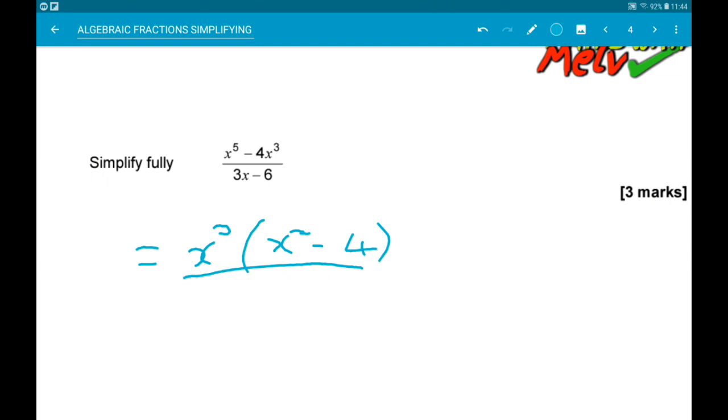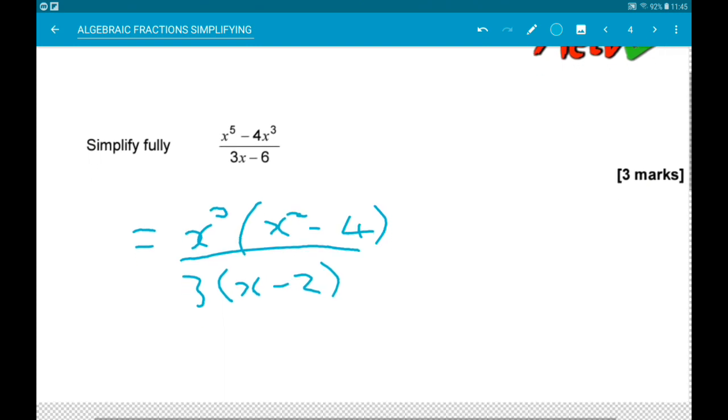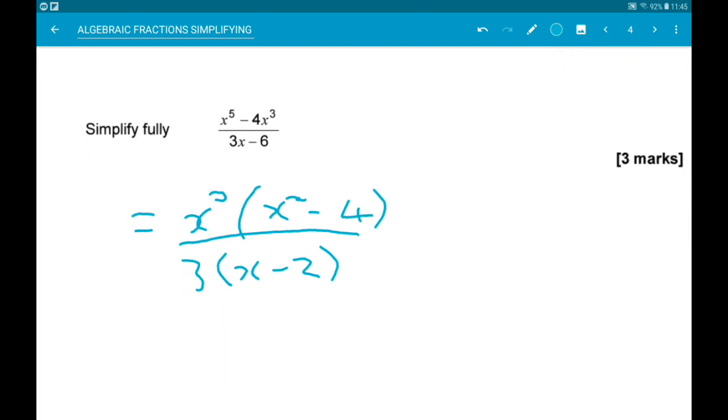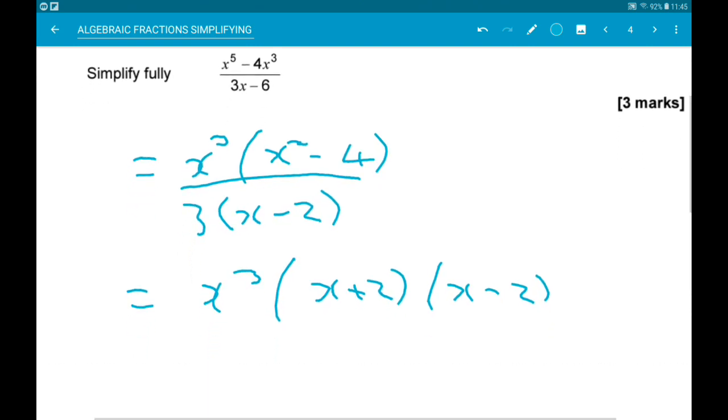So we can write that as 3 lots of x minus 2. Okay, so nothing we can do at the moment. But on top, we have a difference of 2 squares. So we can write the top as x cubed times x plus 2 times x minus 2 all over 3 lots of x minus 2.